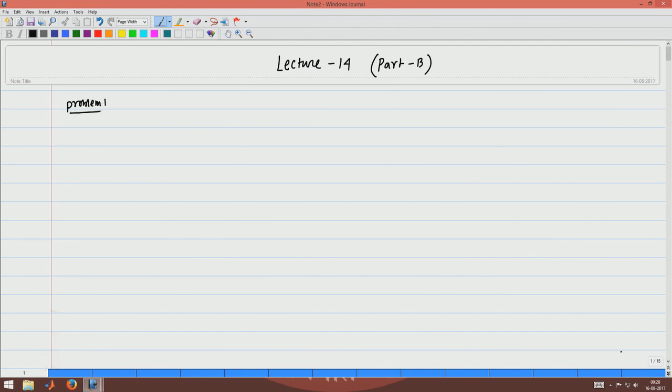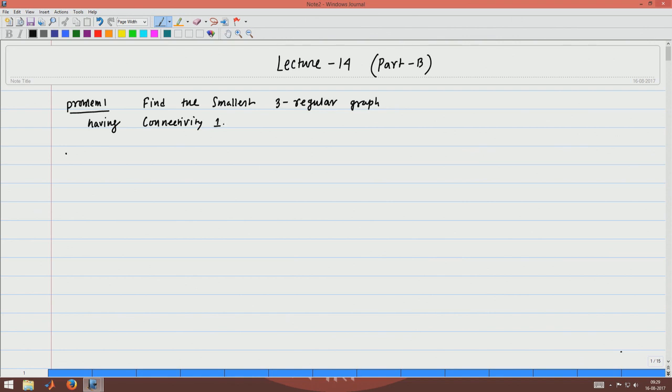Problem 1. Find the smallest three regular graph having connectivity one.